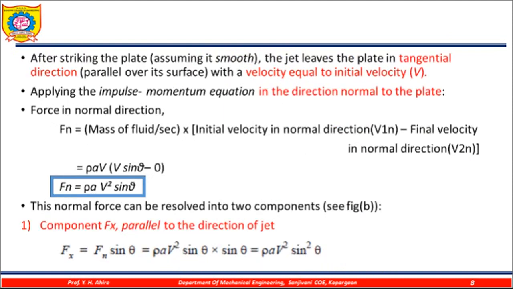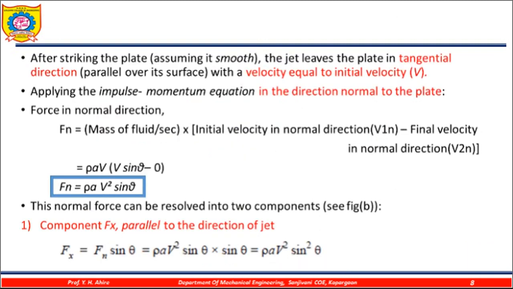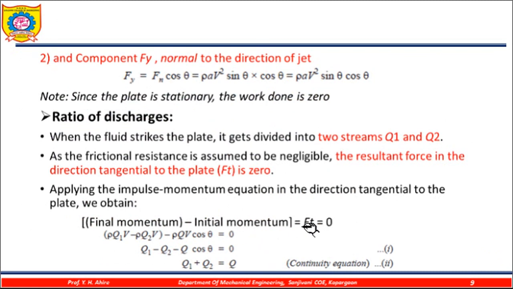So this is the initial momentum before impact along the tangential direction: V cos theta into the mass flow rate of the jet, rho into Q, because Q is the incoming discharge rate of the jet from the nozzle.